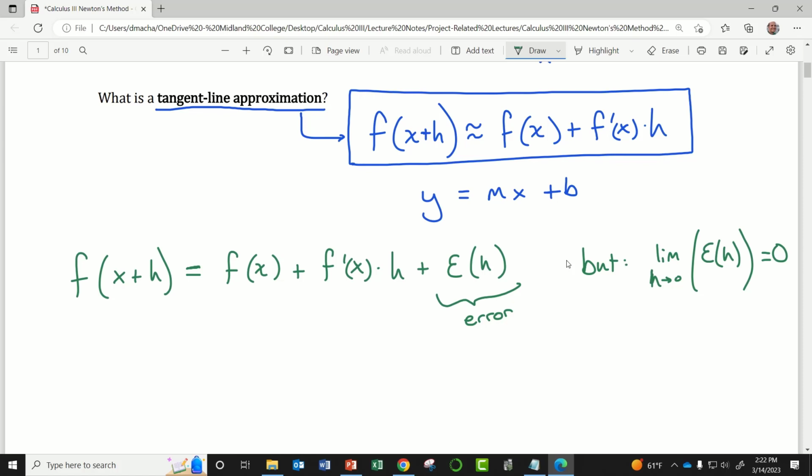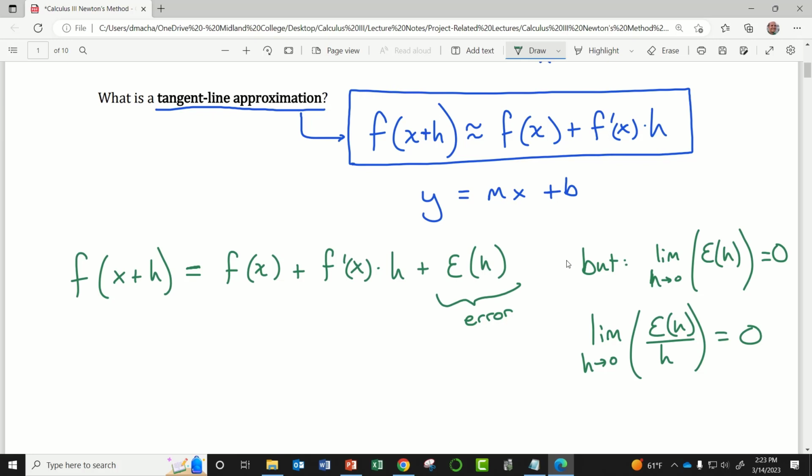You could use a different slope, a slope other than the derivative, and you would still have this as being true. What makes this a good approximation is that if I take the limit as h approaches 0 of even this, the error term divided by h, this still equals 0 as h approaches 0.